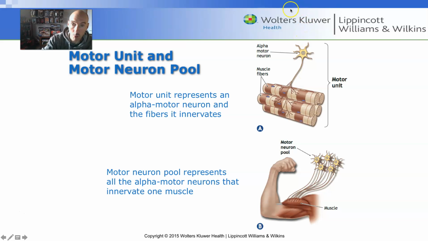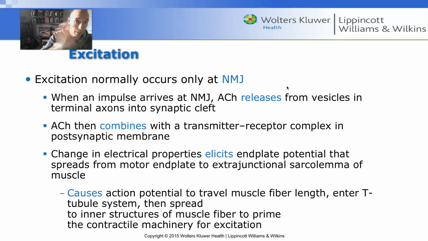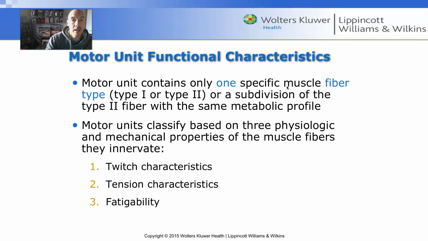One neuron can only innervate a bundle of type 1 or a bundle of type 2. Because of that characteristic, that allows us to label motor units as either type 1 motor units or type 2 motor units.